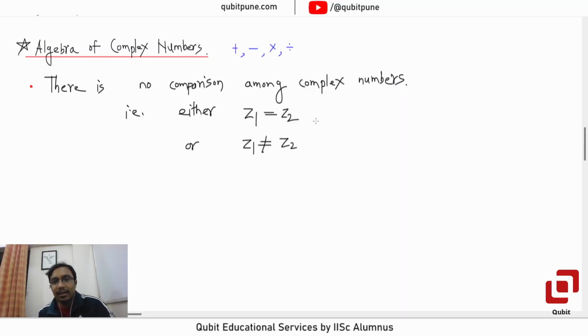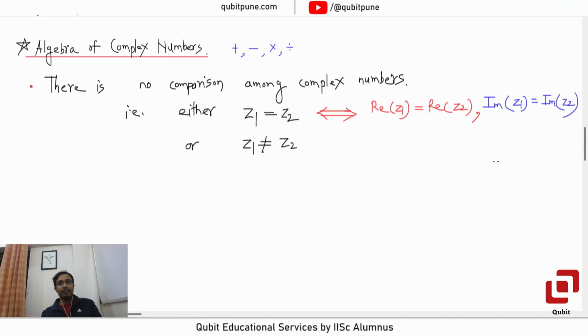When will z1 and z2 be equal? If and only if, that's a biconditional statement, the real part of z1 equals the real part of z2, and the imaginary part of z1 equals the imaginary part of z2.